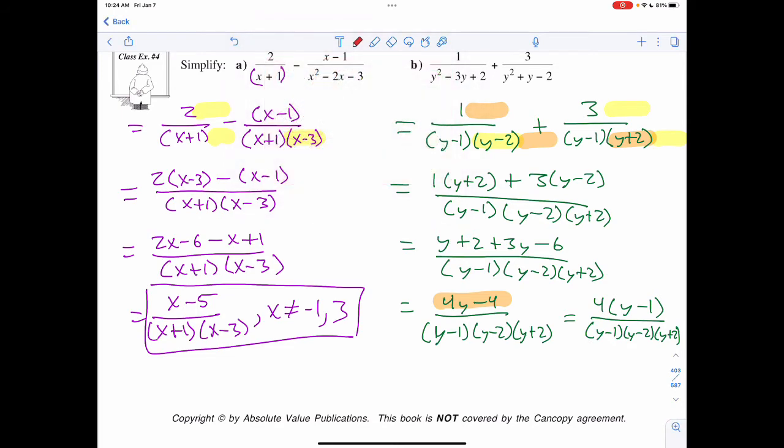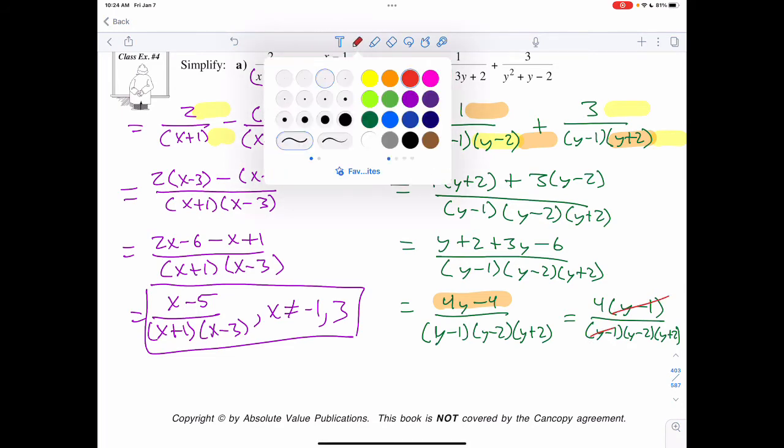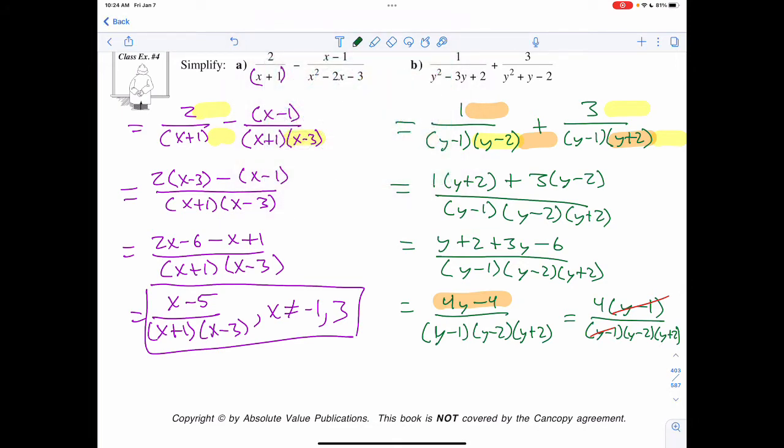And I can cancel out a common factor of y minus 1 from the top and the bottom. This is going to give me 4 over y minus 2, y plus 2, and it's true so long as y cannot equal positive 1 or positive or negative 2.